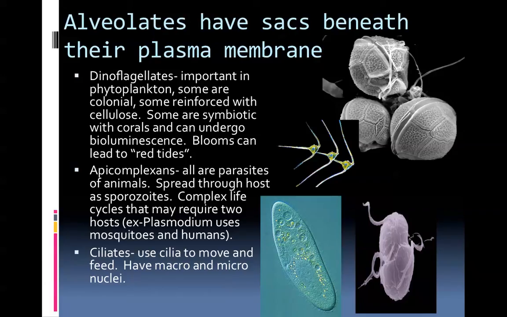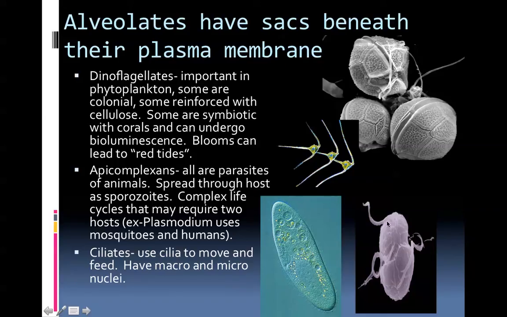The apicomplexans are also an important group, mainly because they cause malaria. So, the Plasmodium parasite that enters into humans is an example of an apicomplexan. You're looking at it over here in the bottom right hand corner.